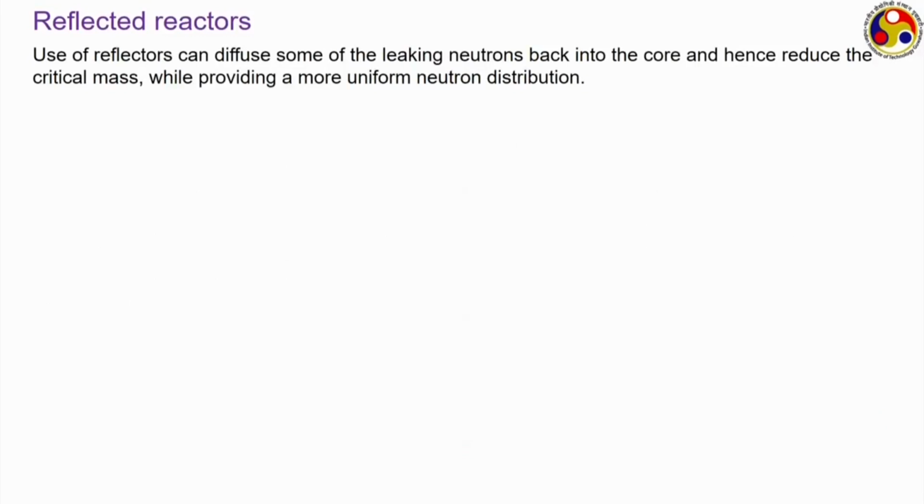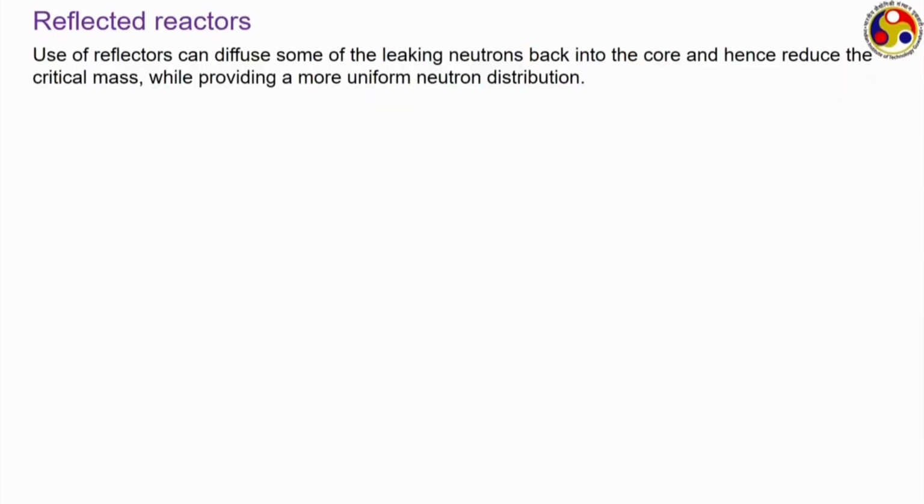If you remember, we have mentioned in one of the earlier discussions that reflectors are commonly used to reduce the neutron leakage from the reactor. Now, neutron going out of the reactor is never desirable, because that reduces the neutron density inside the reactor and thereby affects the power generation. But the use of reflectors can reflect some back.